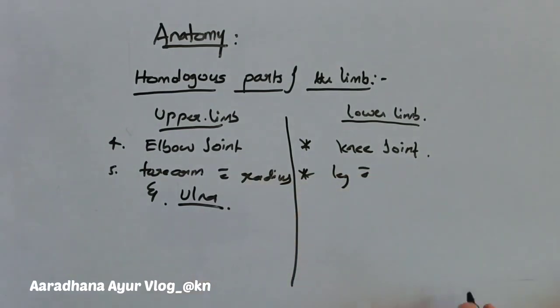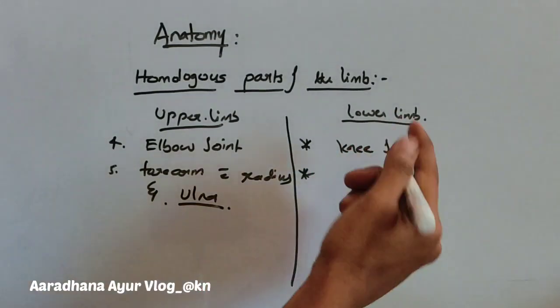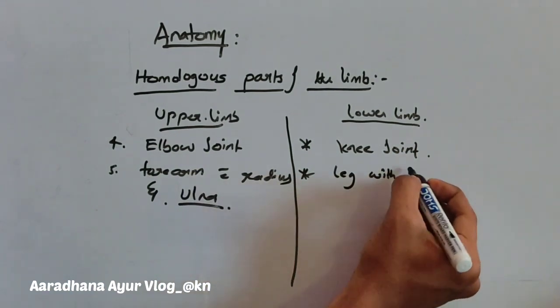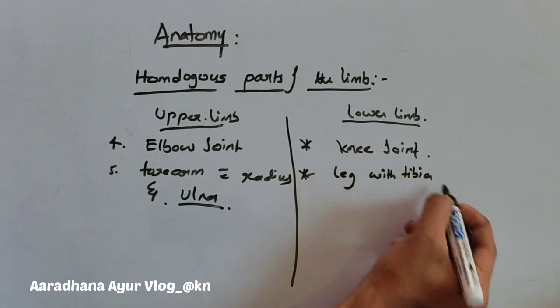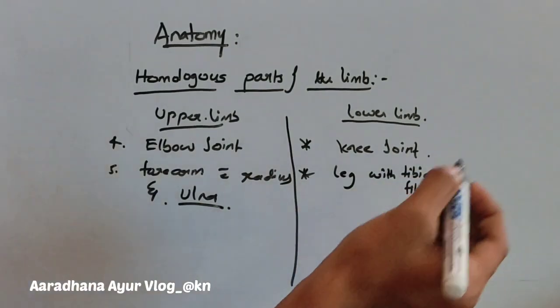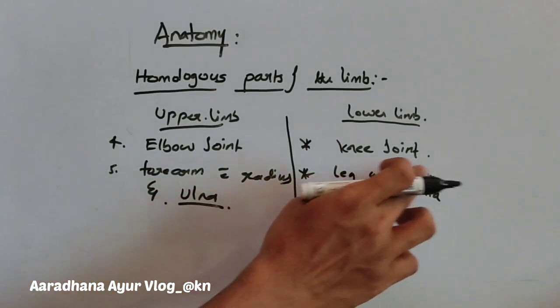There are also 2 bones, that is leg with tibia, one of the bones, and fibula. So forearm has 2 bones, radius and ulna, and the leg also has 2 bones, tibia and fibula.